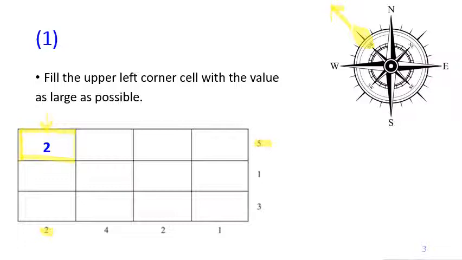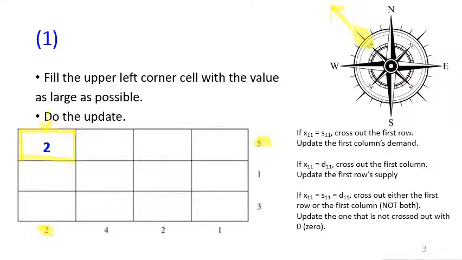Okay, so 2 is the largest possible value that we may fill into that cell, because the demand is 2 for that demand point and the supply is 5.